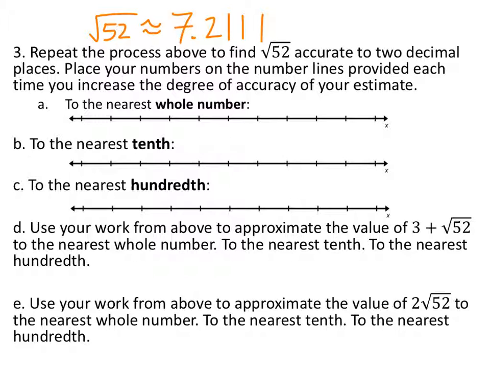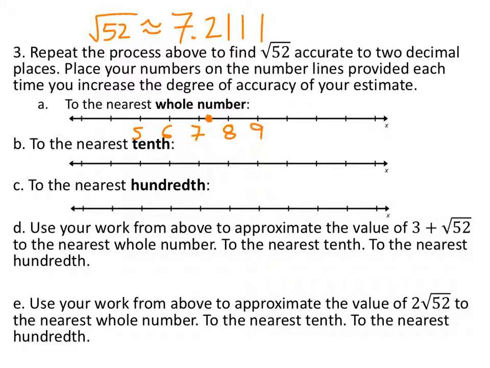So again, I put the square root of 52 in my calculator and I've approximated it to 7.2111. So we're going to round this to the nearest whole number first, and we know that 7.2111 is between the numbers 7 and 8. Now you could put the rest of the numbers on here, but I'm not actually so concerned with that. 7.2111 would be about right there on my number line.